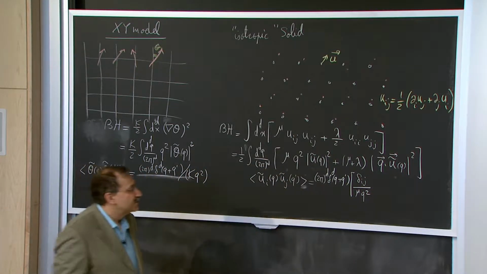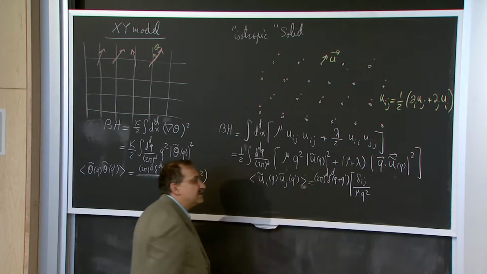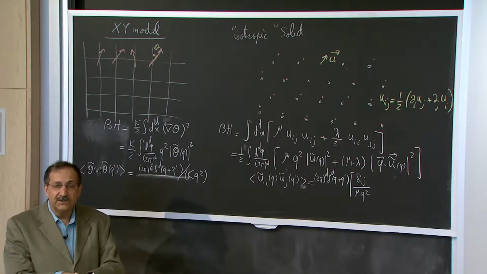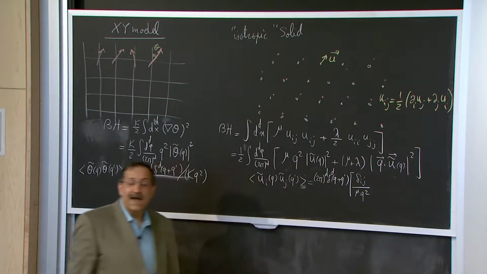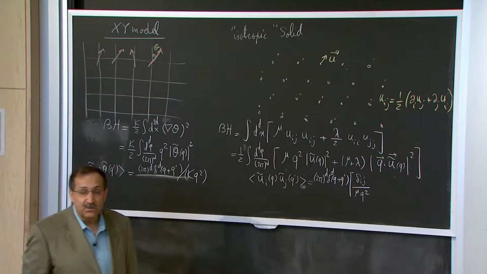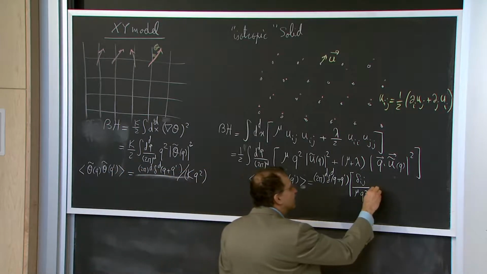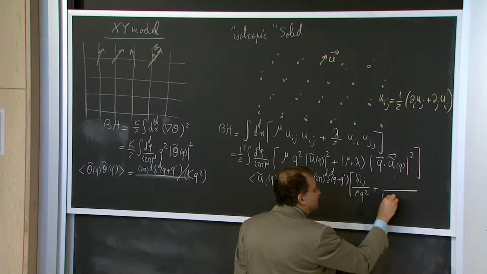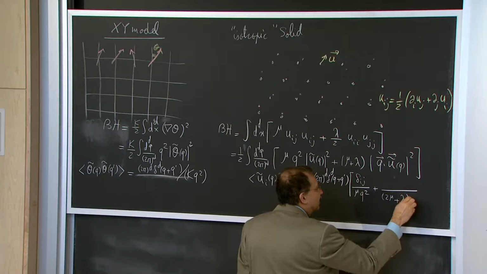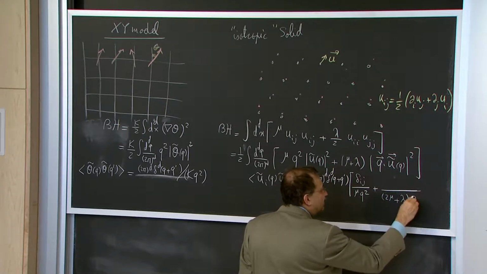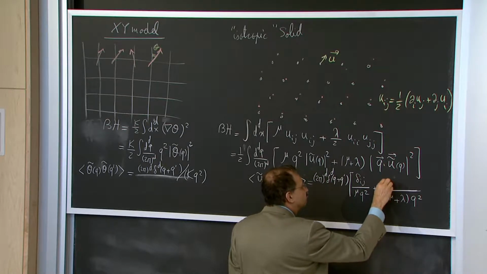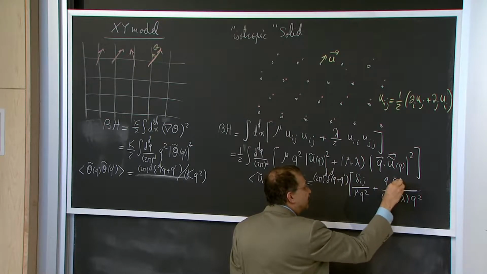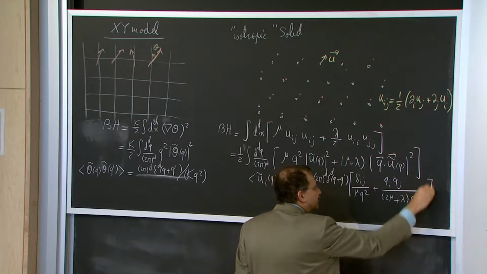But because of this other term, there is the possibility that q and u are in the same direction, in which case these two costs will add up, and I will get something that is proportional to 2 mu plus lambda. And so then I will get 2 mu plus lambda q squared, and here I will have qi, qj. This becomes q to the 4th.